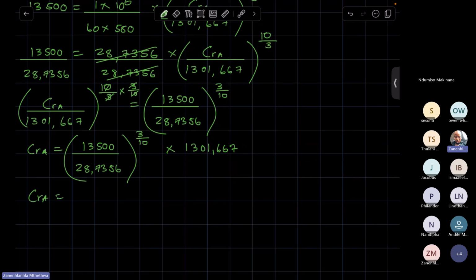So CRA will be equal to the 13,500 divided by the 28,7356, all of this to the exponent 3 over 10, times the 1301,667, which is 8242,784 newtons.